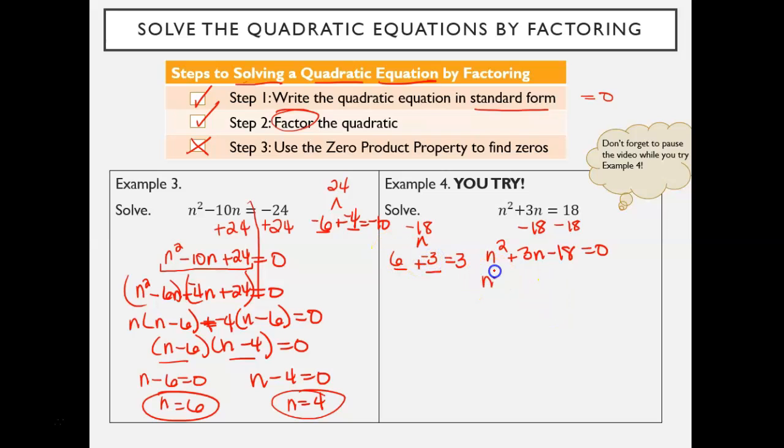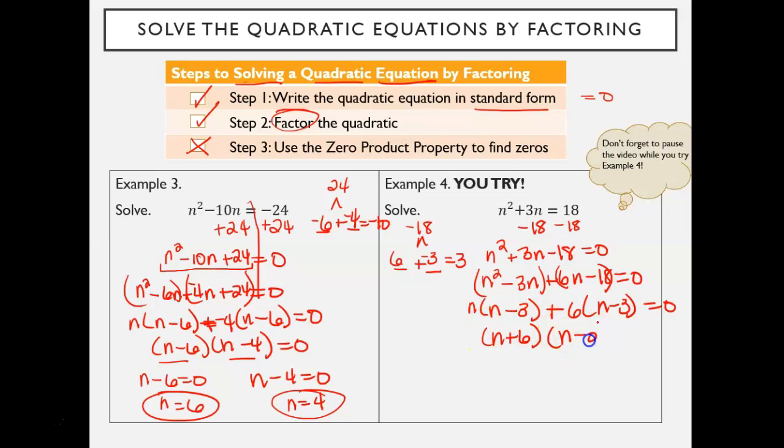So this becomes n squared minus 3n plus 6n minus 18 equals, break it up into two groups. GCF of the first group is n, so that leaves us with n minus 3. GCF of the second group is 6, so that leaves us with n minus 3, and that equals 0. So now we have n plus 6 times n minus 3 equals 0.